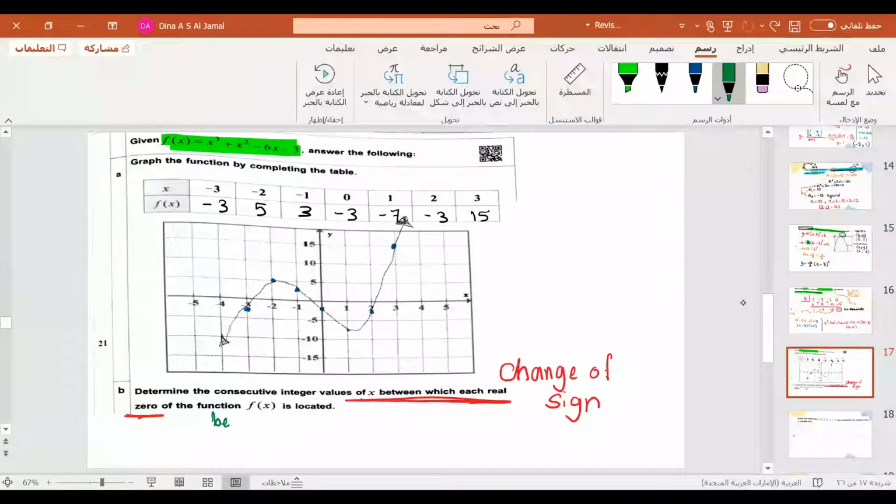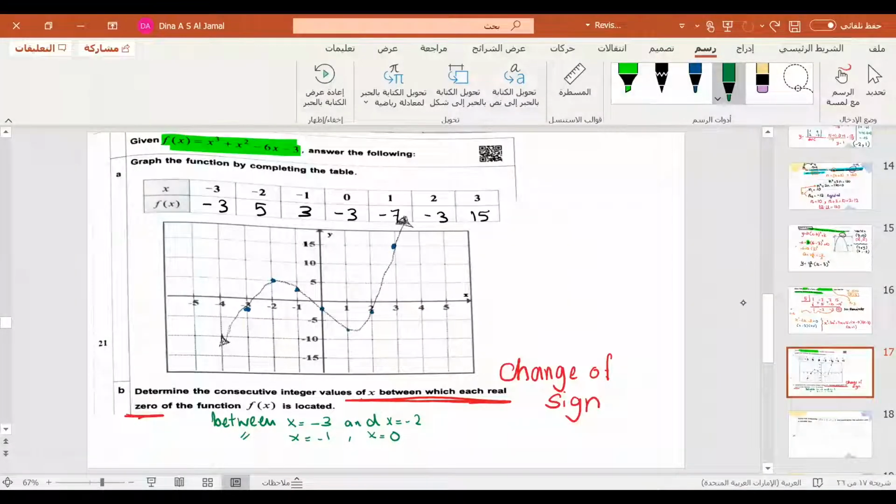So first of all, between x equals -3 and x equals -2. Now let's follow, it is all positive, then it suddenly becomes negative between x equals -1 and x equals 0. Let's go.